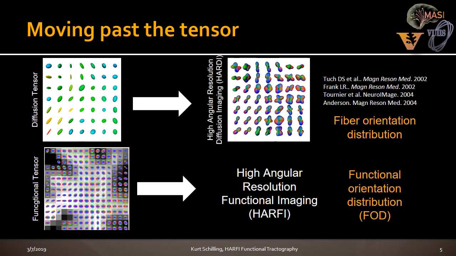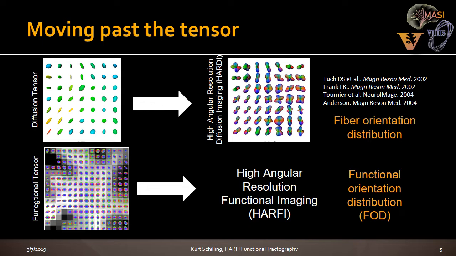So in diffusion MRI in the early 2000s, researchers realized limitations of the diffusion tensor for capturing the orientation of fibers. And they quickly moved to what's called high angular resolution diffusion imaging, or HARDI, which allowed much more complex representations of, in this case, the structural geometry, where they attempt to capture the fiber orientation distribution.